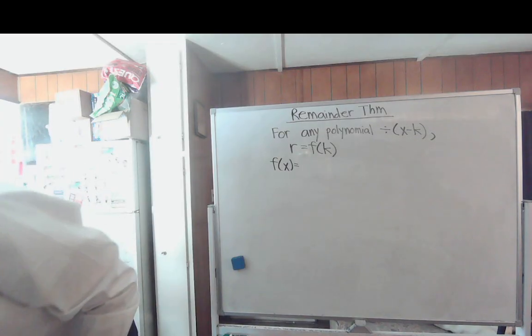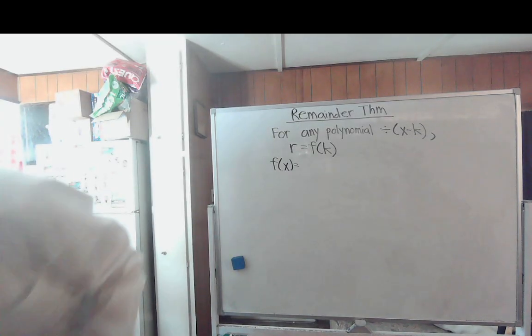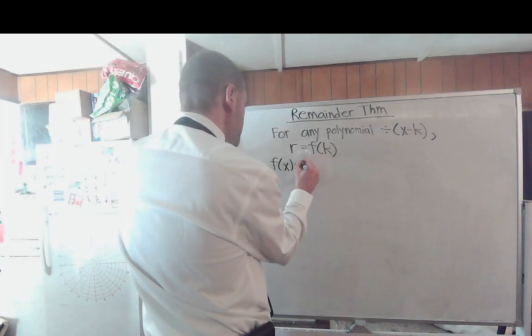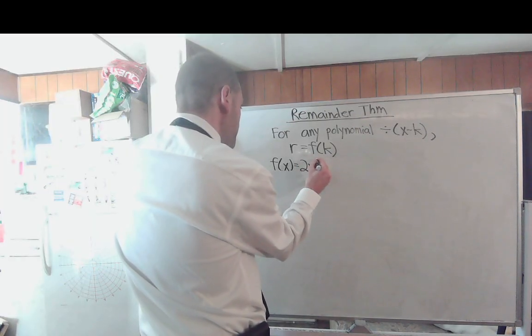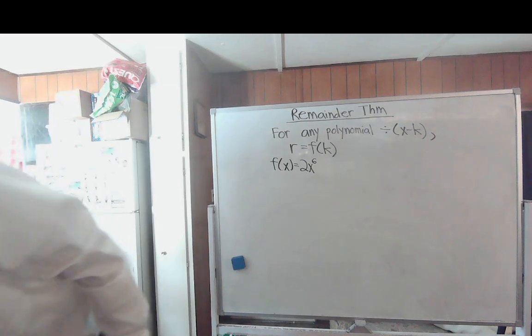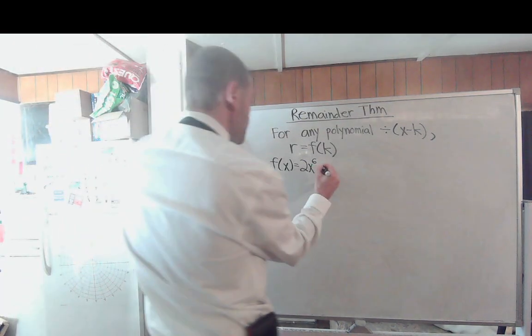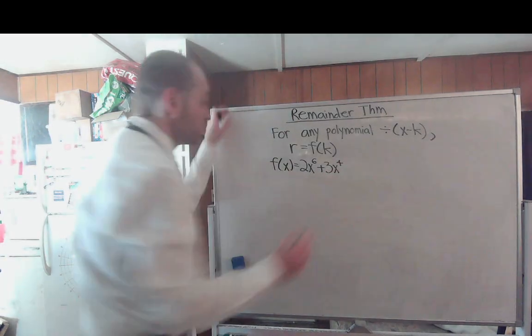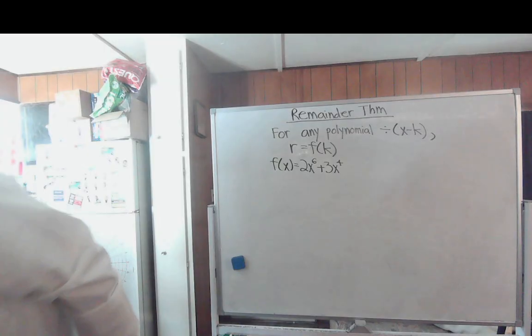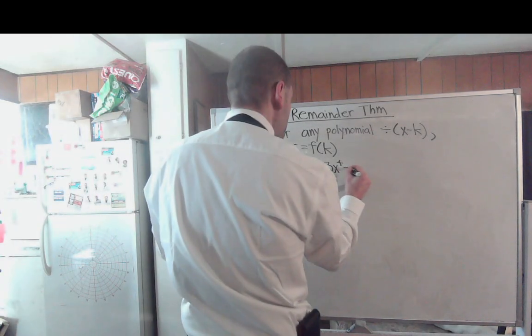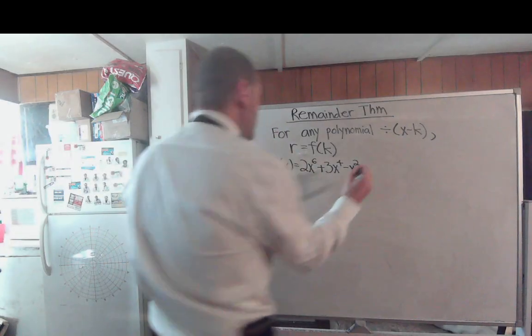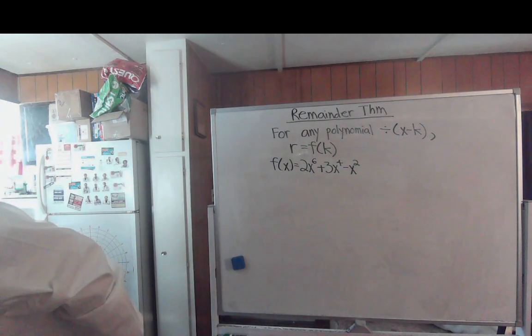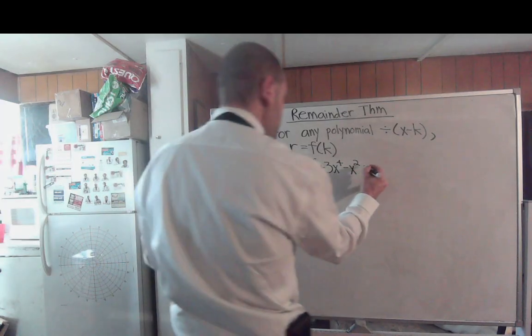All right. f of x equals 2x to the 6th plus 3x to the 4th minus x squared plus 3.